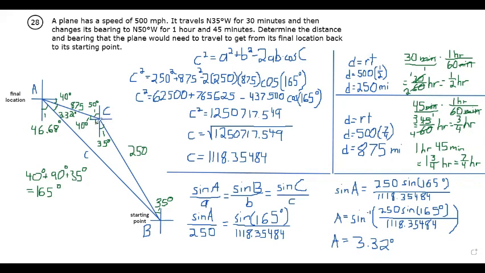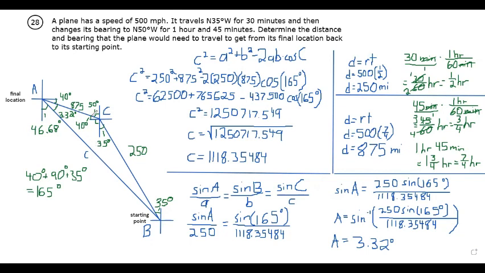So now, if we are considering this particular angle here, then we also have this side over here, which really just represents the distance that the plane has to travel to get from its final location back to a starting point.